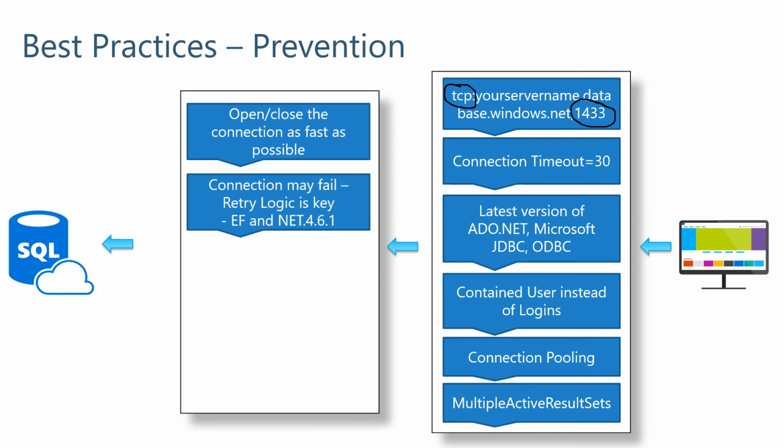The connection might fail. Yes, it's normal, because when you create one database, you are going to have three different copies of the data. Using Always On, we are going to have three different machines running in a cluster environment.